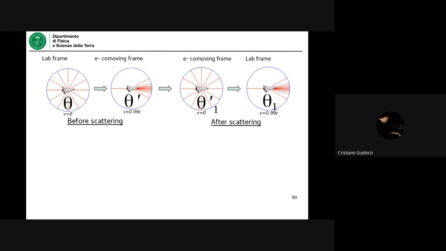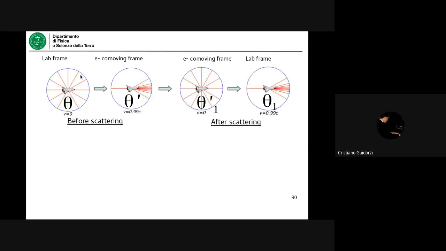Theta is the angle that you use to describe the incoming direction of photons in the lab frame. The first two figures are just about what happens before scattering.